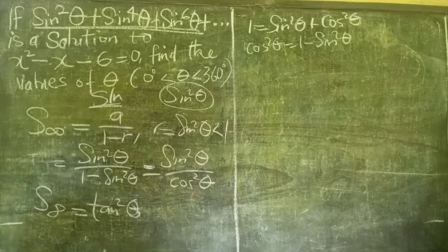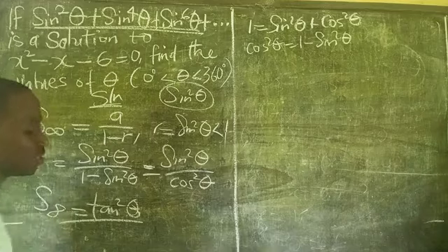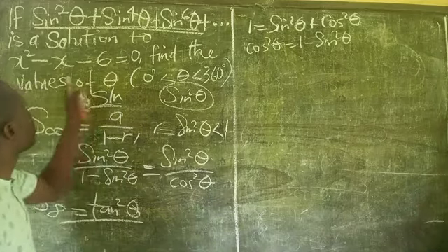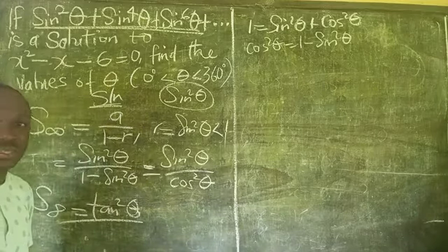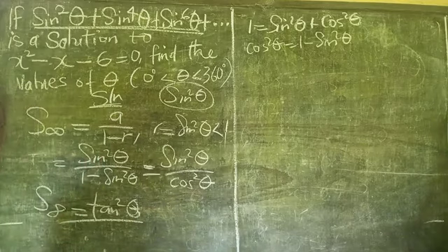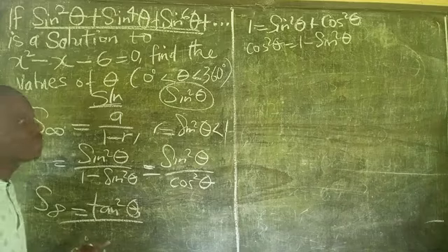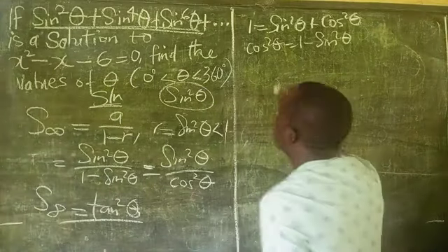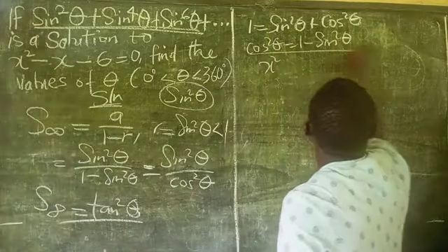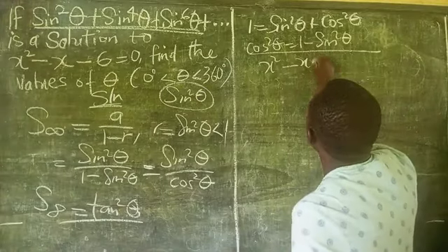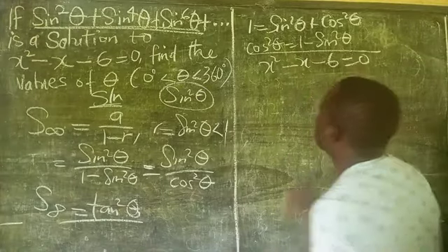And this is the solution to the geometric progression. From our equation, it is said that this is the solution to the quadratic equation. So our responsibility is to solve the quadratic equation and equate the solutions for s to tan square theta. So let's come over here. s squared minus s minus 6 equals 0.